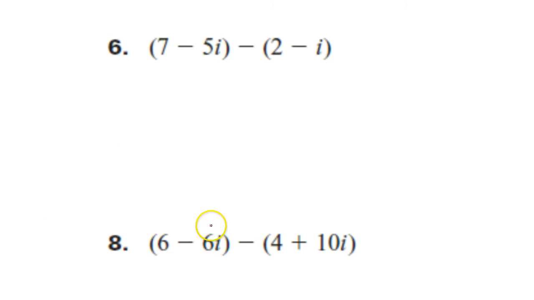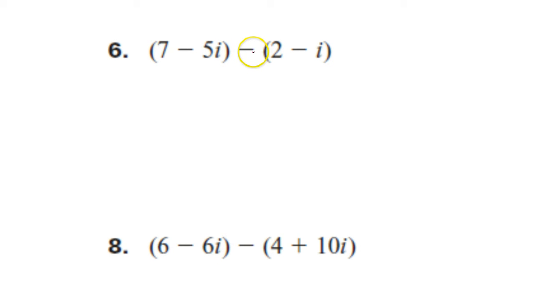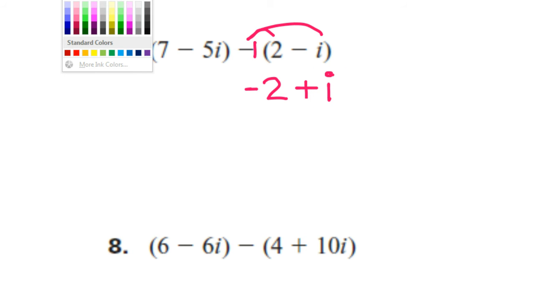Alright, number 6. Be careful when you are subtracting and you have more than one term, because you have to treat this like a negative 1 that must be distributed. So negative 1 times 2, that's negative 2. But then negative 1 times negative i, that's going to be positive i. So be careful with that.